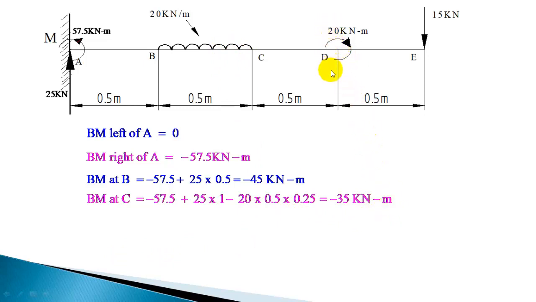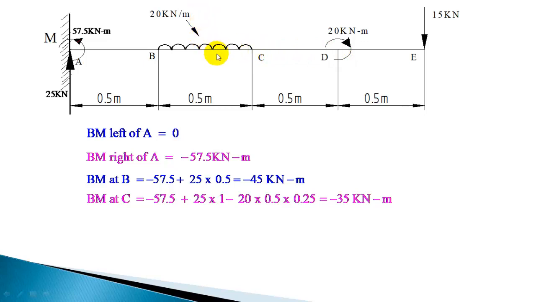At D, you need to calculate immediately left side and immediately right side. So immediately left of D without considering the couple. Immediately left of D, let us calculate minus 57.5 plus 25 into 1.5, it's producing clockwise moment. Now this load 20 into 0.5, it is acting at a distance of 0.5 plus 0.25.